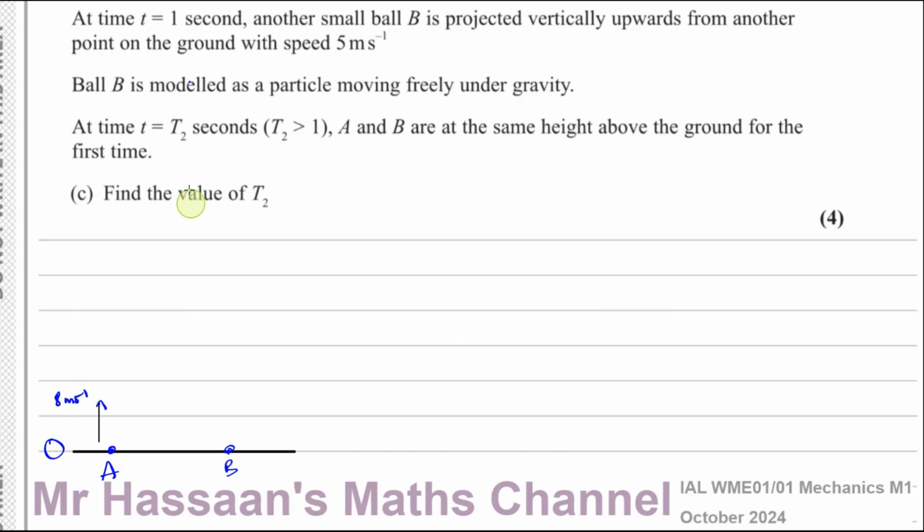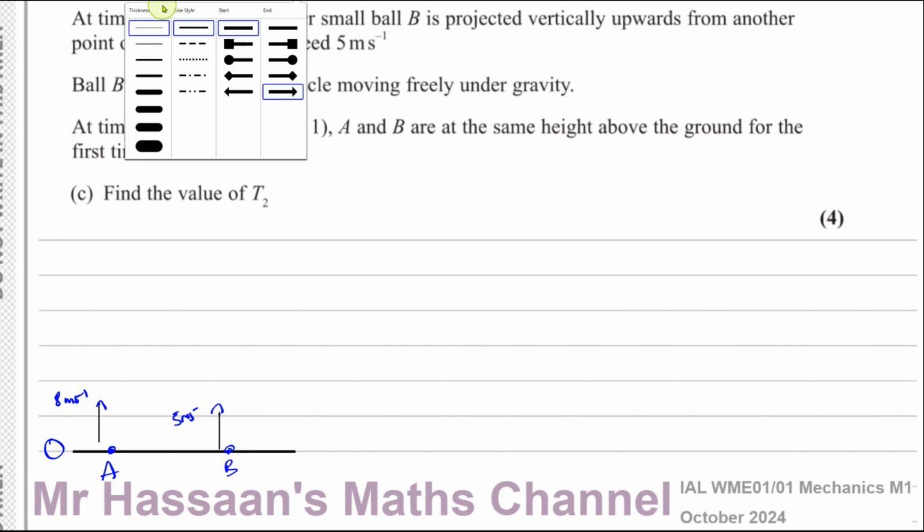And B is projected, as we've just been told, with a speed of 5 meters per second. Eventually they're going to reach the same height. What happened before that we don't really need to know, but what we need to understand is that they both reach the same height.